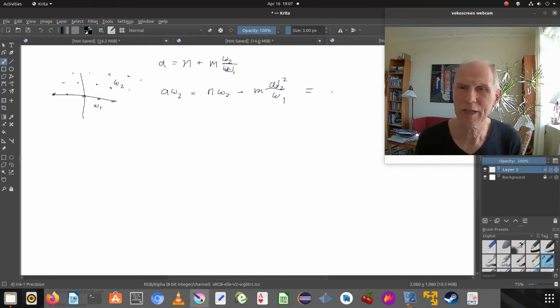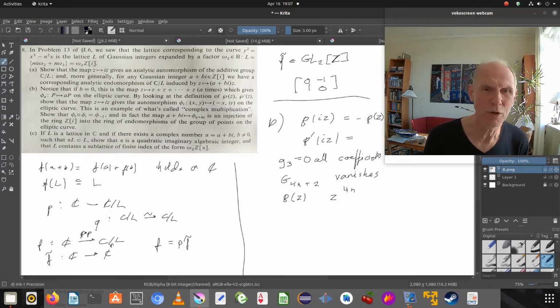So this must line the lattice as well. This is impossible. I don't even want to spend time on that. I think this is wrongly posed. I believe it only holds for a lattice of this form. And then it holds for the imaginary unit itself.